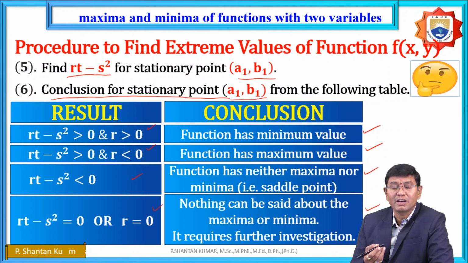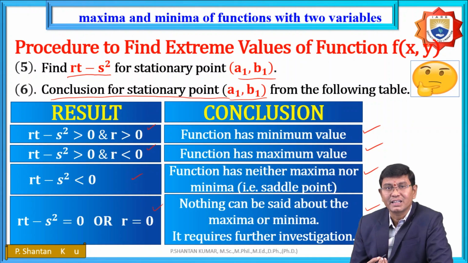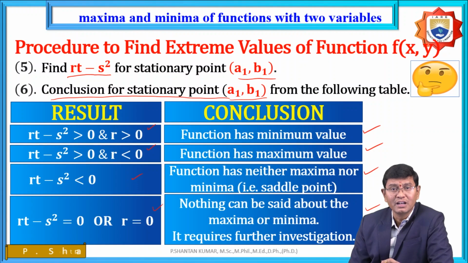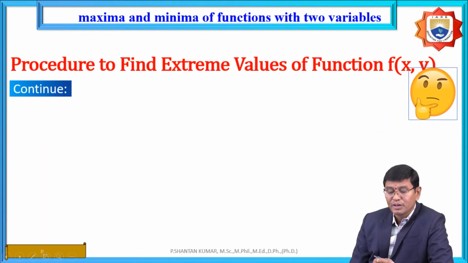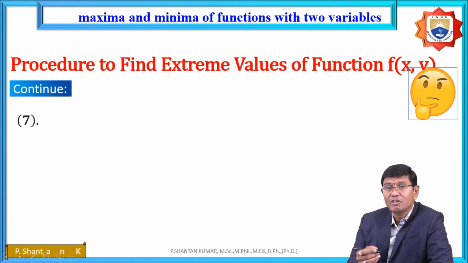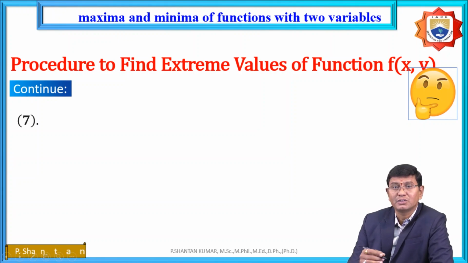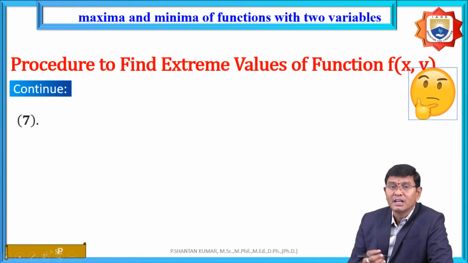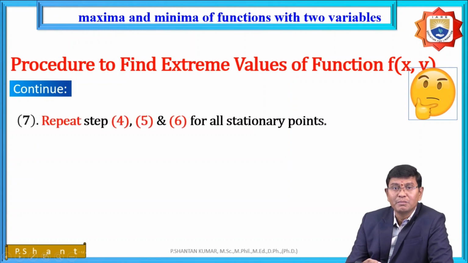Based upon this result and conclusion, we can solve any given equations. According to the working rule of maxima and minima, whenever the functions are not given constants, we need to find out with the help of these conditions. Similarly, if we obtain more stationary points like a1 b1, a2 b2 and a3 b3, different stationary points, we need to follow the same procedure.